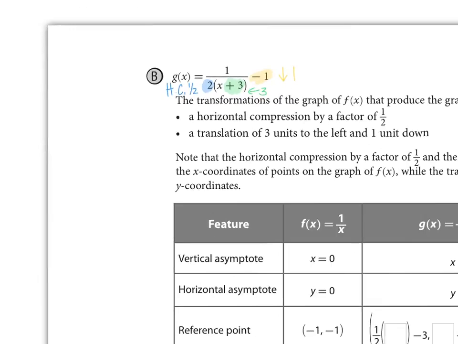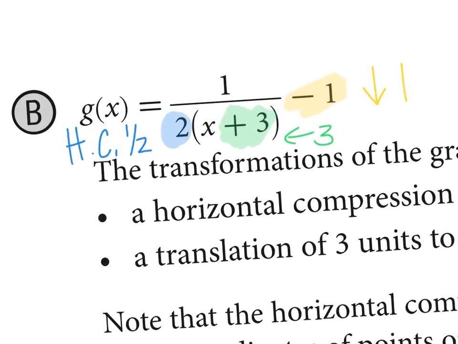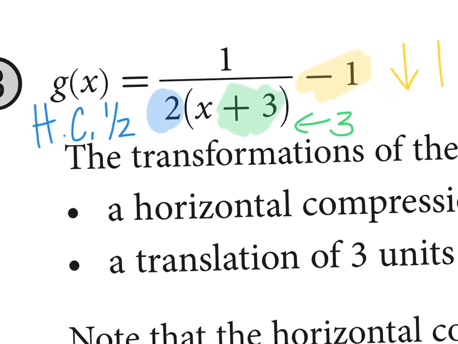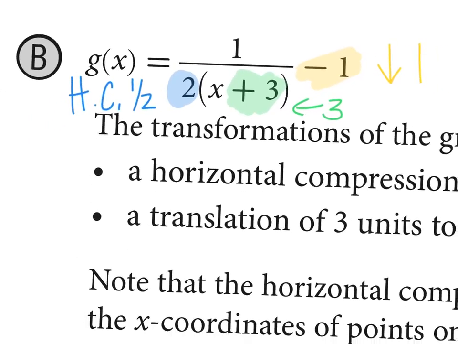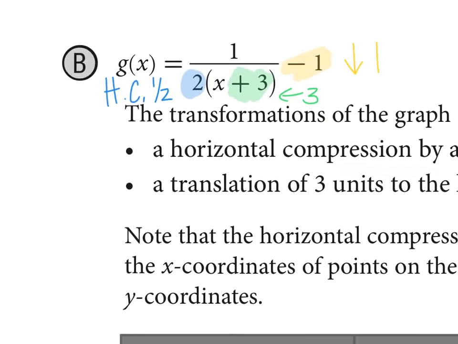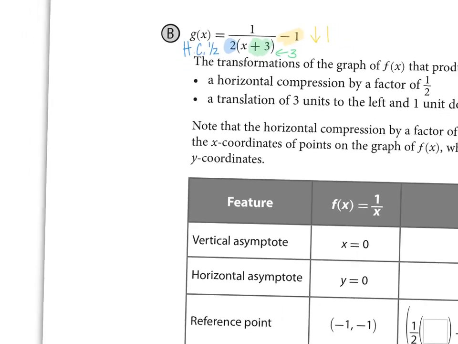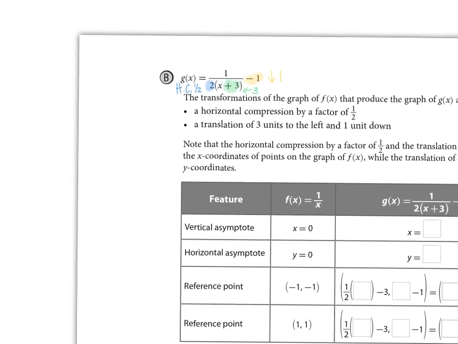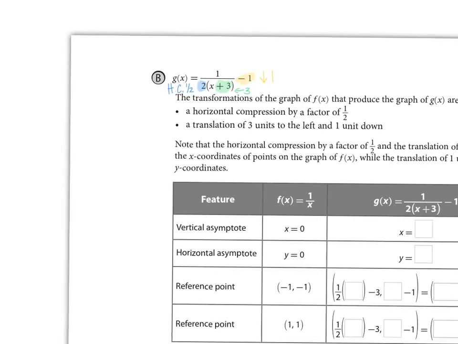So thinking about these numbers that we had, compare those to what we just said about our asymptotes. Those are the asymptotes. They're the same. So this 3 that shifted the graph left 3, which asymptote did that affect? The vertical one. The vertical asymptote is going to be affected by horizontal shifts.